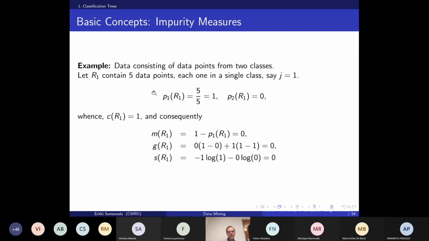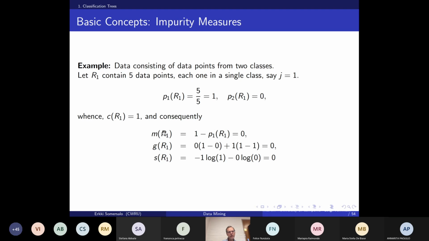So here is my example that I already indicated. Suppose you have data points from two classes in a rectangle, and you have 5 data points. If they are in one single class, say in J1, then the frequency of class 1 is 1, the frequency of class 2 is 0. So I have a 1, 0 case.